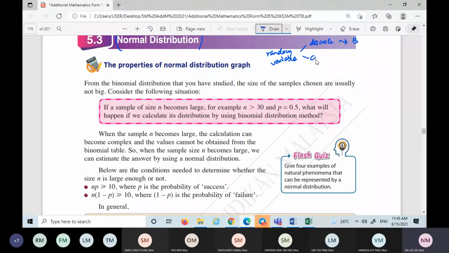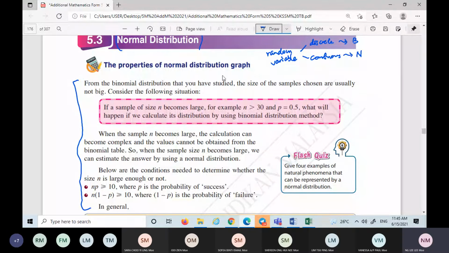The other one is a continuous random variable, this one refers to the normal distribution actually. But we still want to see what is the relation between this binomial and the normal distributions.